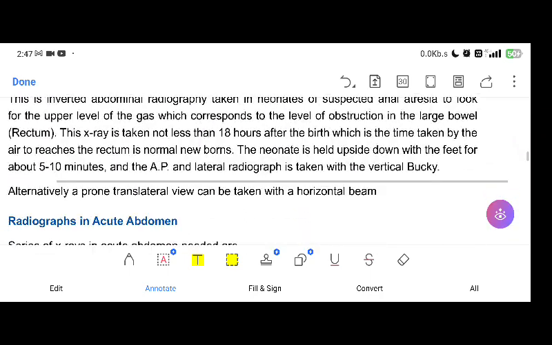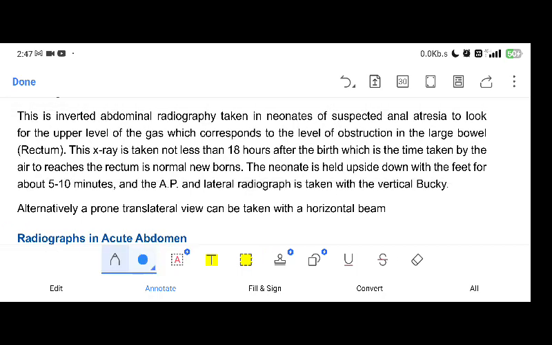This is inverted abdominal radiography taken in neonates with suspected anal atresia, to look for the upper level of the gas which corresponds to the level of obstruction in the large bowel and rectum.